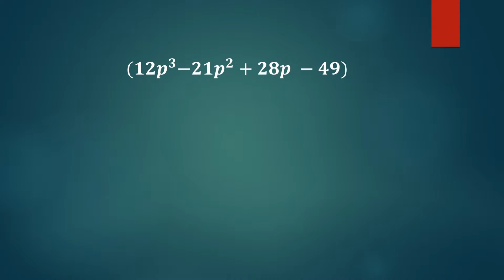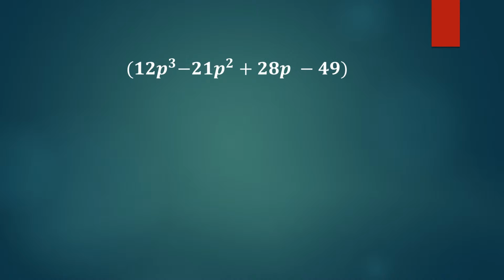The next problem, we look at 12p cubed minus 21p squared plus 28p minus 49. Again, if we look at the first two terms, you look at 12 and 21, well, you look at the greatest common factor between those two numbers. Greatest common factor seems to be 3.